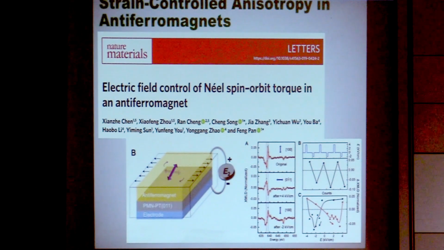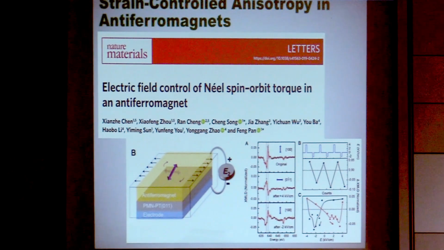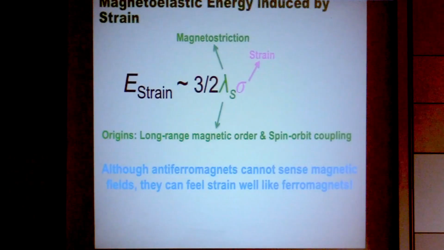So if we now think about all this, this kind of switching is not really unique to a certain material. It may be universal for all antiferromagnets. If we look at the energy term for strain, the magnetoelastic energy induced by piezoelectric strain can simply be expressed like this: lambda_s times sigma. Lambda_s is the magnetostriction, and sigma is the strain.